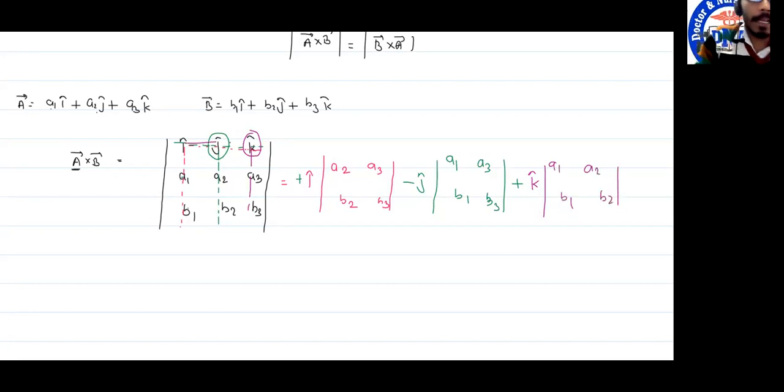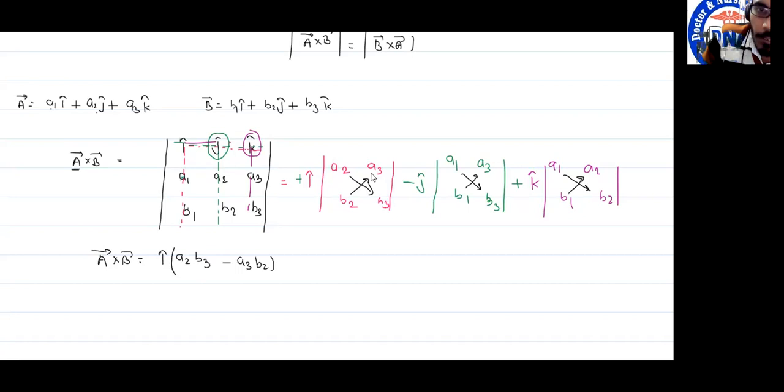Now what we have to do? We have to multiply this element by this element, and this element by this element. So if you do this, you get A cross B is equal to i cap, A2 into B3 minus A3 into B2.